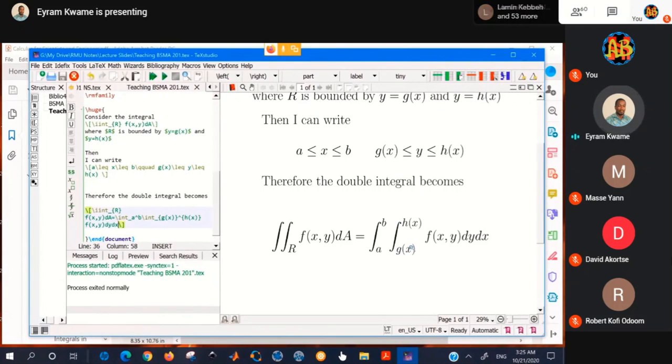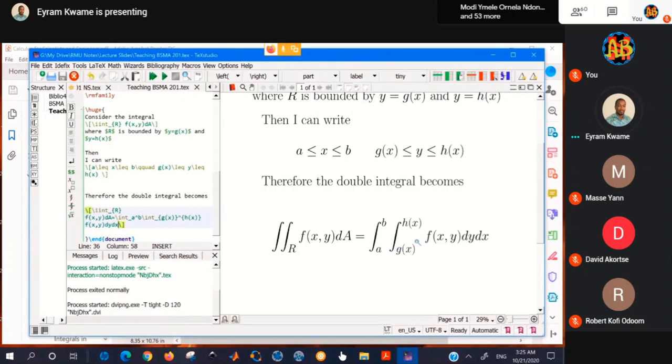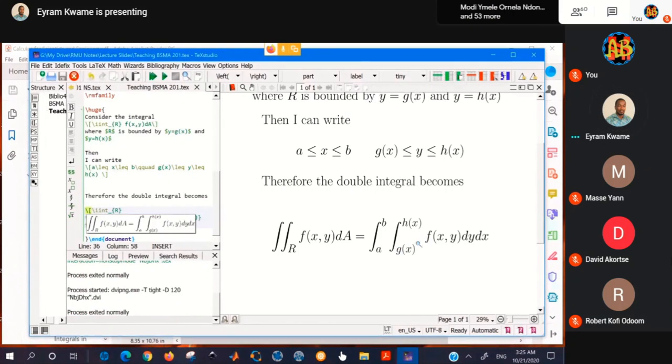So after the first integration with respect to y, you would have a situation where you basically have to deal with a function that solely depends on what? On x.